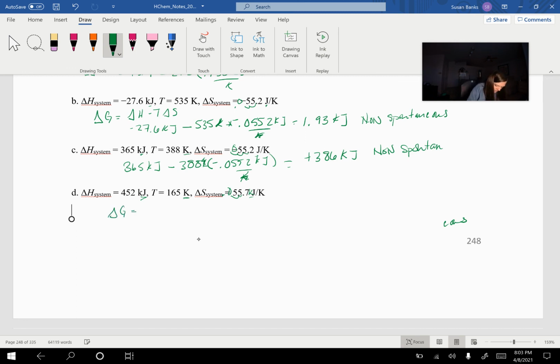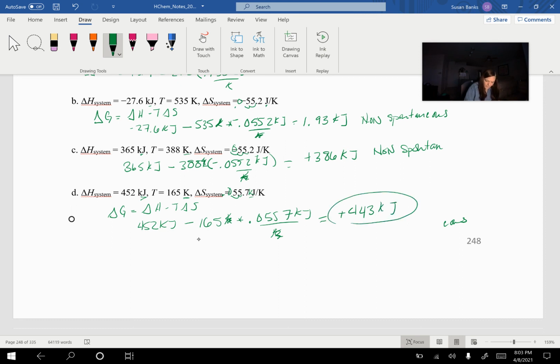So delta G is equal to delta H minus T delta S. Our delta H is 452 kilojoules minus our temperature, which is 165 Kelvin, multiplied by 0.0557 kilojoules per Kelvin. Our Kelvins cancel out. And when we do this, we get a positive 443 kilojoules for our 3 sig figs. That being positive is also non-spontaneous.